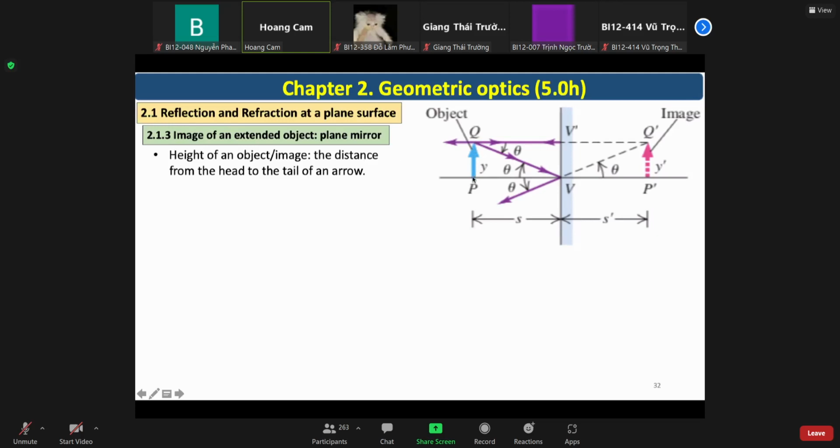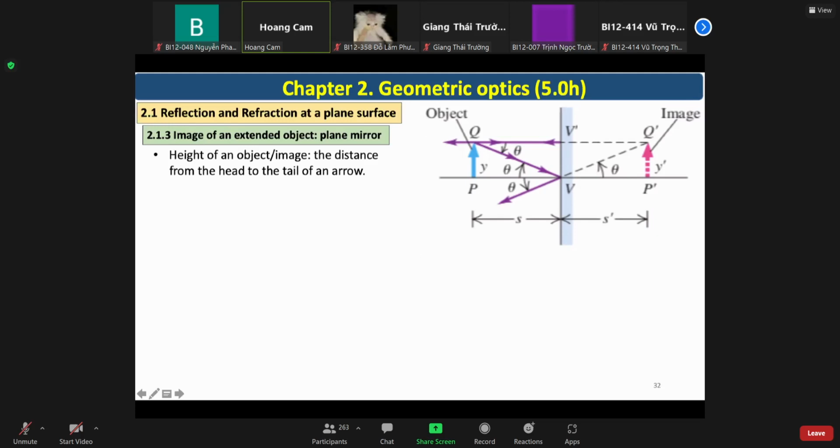And pay attention, if it's in this direction, y is positive, and y prime is positive as well, because it is along this vertical direction. By convention, in this textbook we use the notation y, because it is the vertical direction along the y-axis.